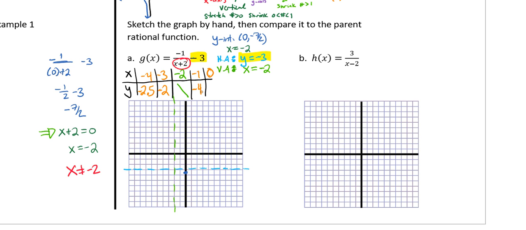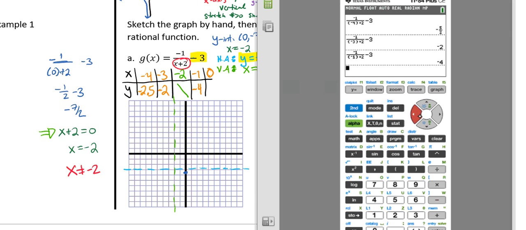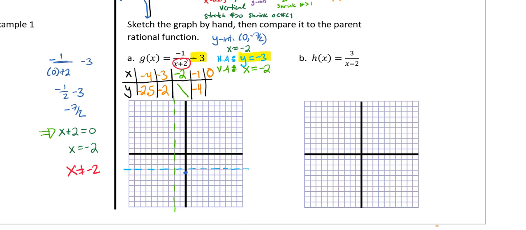And then when we use a 0, that is going to give us, there we go, -7 halves. And -7 halves gives us -3.5. So we're going to graph those. So we have -4 and -2.5. And then we have -3, -2. And then we have -1, -4.